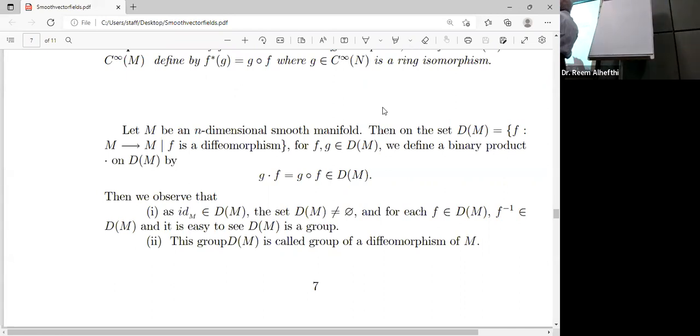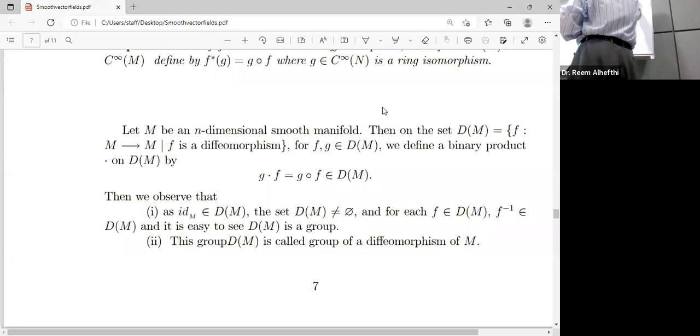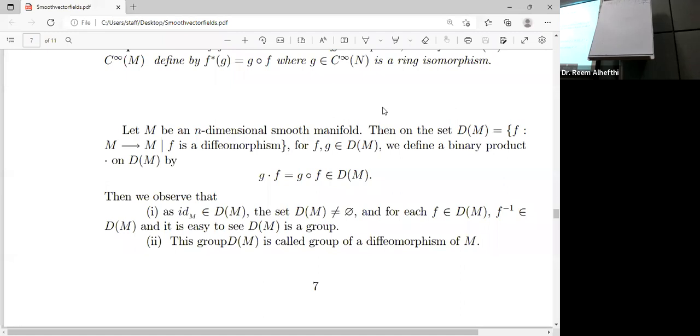Suppose M is an n-dimensional smooth manifold. We write D(M). What is D(M)? We are collecting all diffeomorphisms of a smooth manifold.